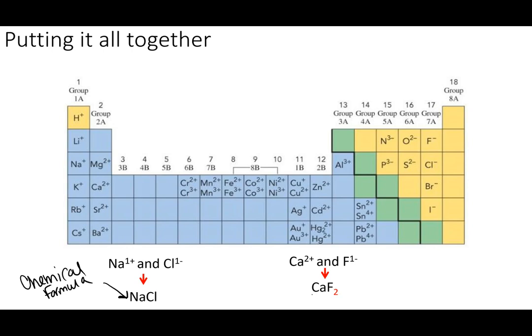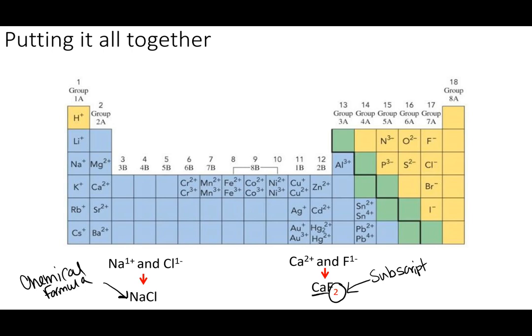So we've got 1 atom of calcium, so we write down that Ca. And then this right here is called a subscript. That subscript tells me that I'm going to need 2 atoms of fluorine in order to balance out that calcium with a +2 charge.